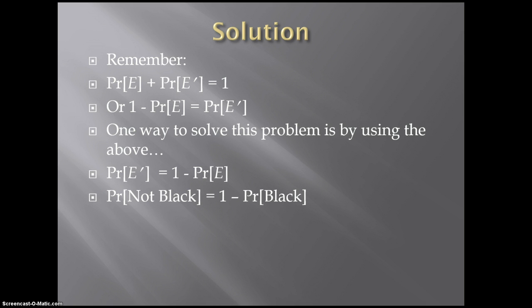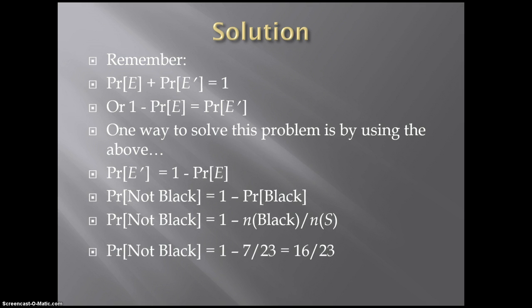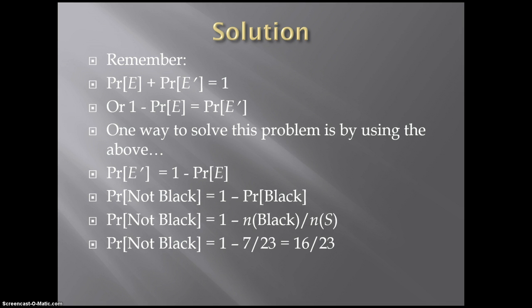Now you remember we've done problems like this back when we did Chapter 3 combinatorics, when I said sometimes it's easier to find the number of ways to not do something than to actually do it. So it's kind of the same concept here. So the probability of not black is equal to 1 minus the cardinality of black divided by the cardinality of S. So we're going to get 1 minus 7 divided by 23.